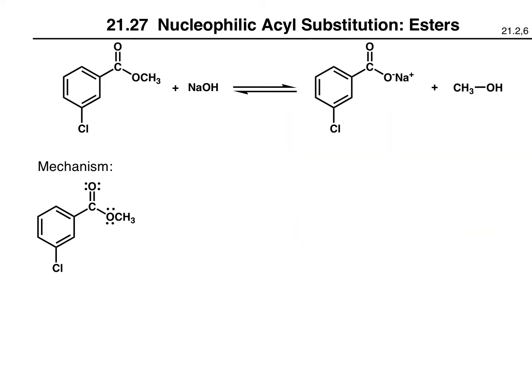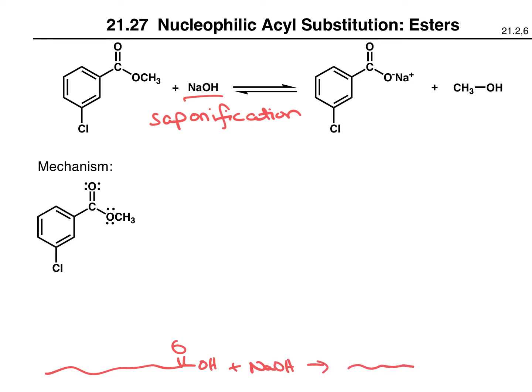so all that's needed is a catalytic amount of acid. Ester hydrolysis can also be carried out under basic conditions, and this is called saponification. Long-chain fatty acids could be treated with sodium hydroxide, for example, to form soaps.